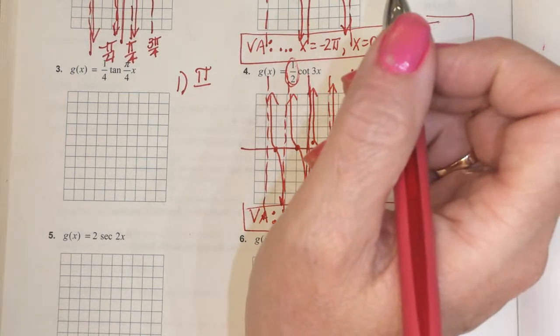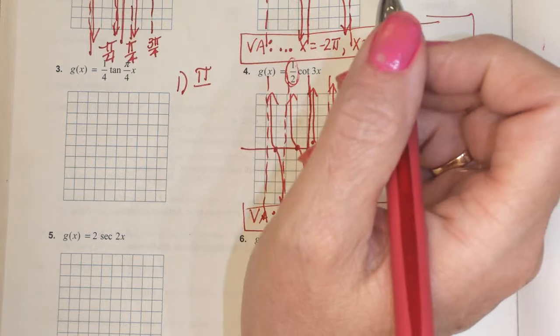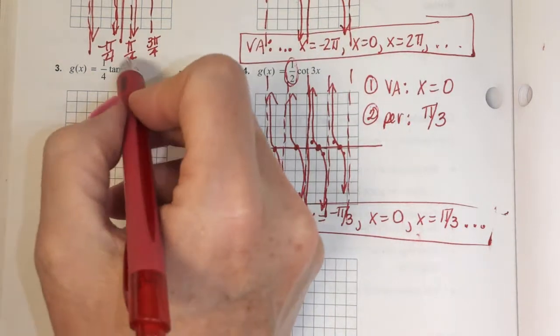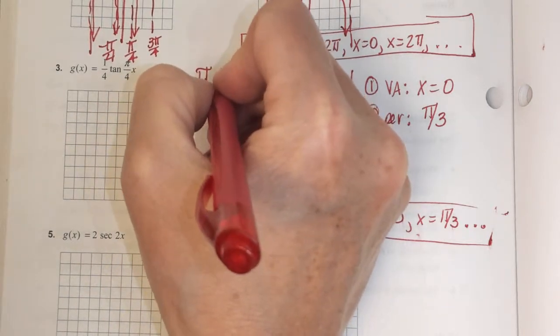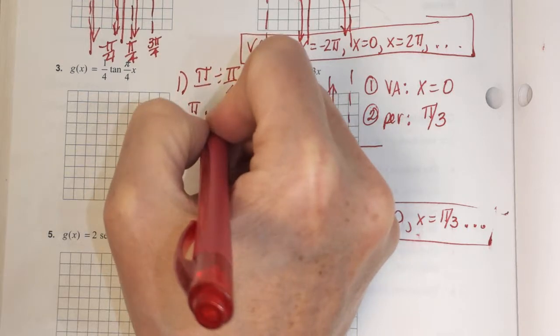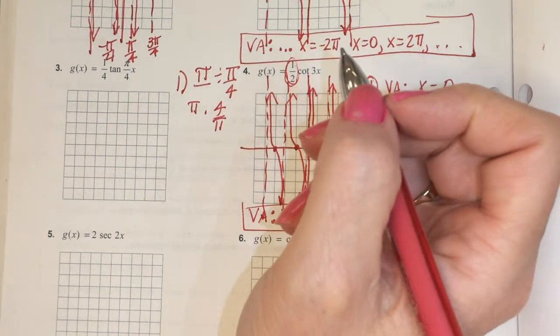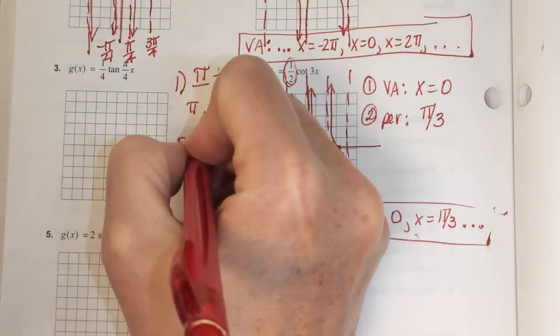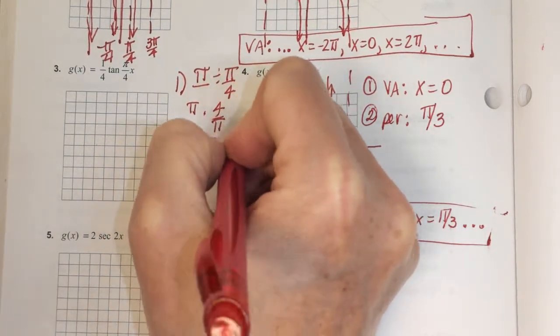It would be divided by pi over 4. Yeah, pi divided by pi over 4. What's that going to give you then? 4. It's just 4. So the period is equal to 4.